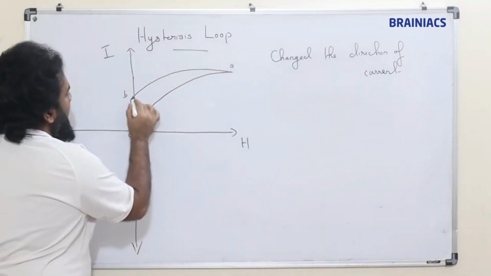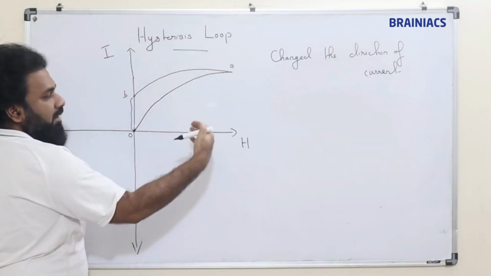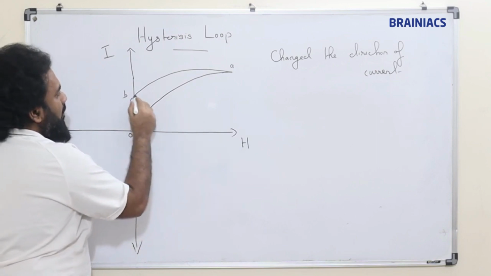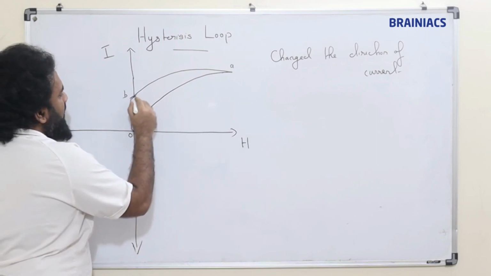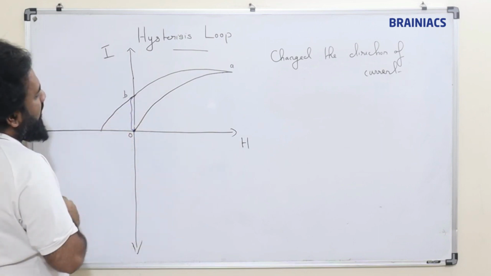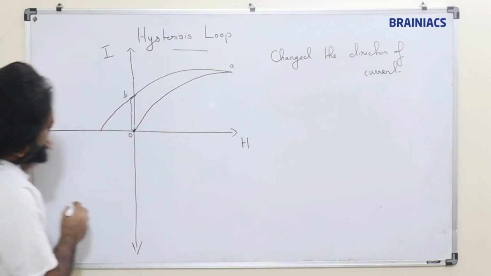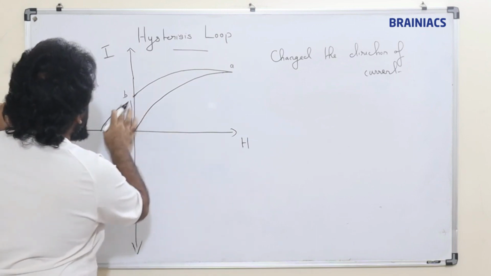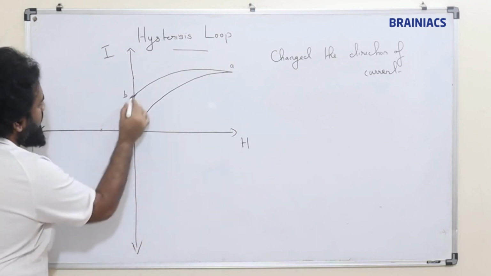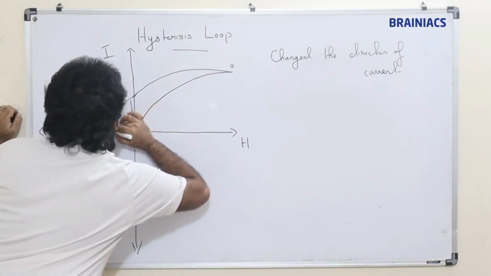Again I will decrease, and the dipoles will start aligning in the opposite direction. Finally this will come and I will become 0.